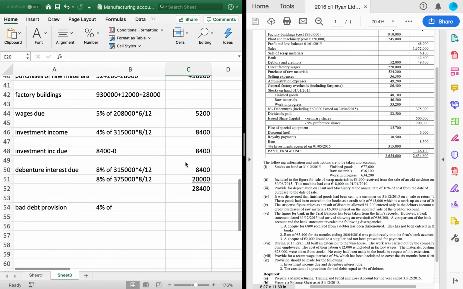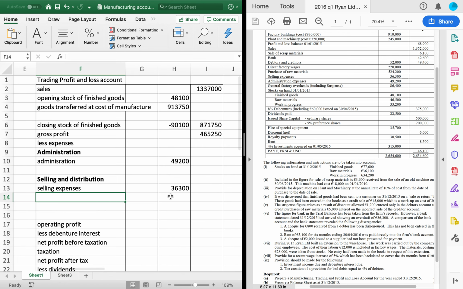So it's 4% of 37.8. Which is 152, which will also be our increase because there's no bad debt provision there. It's the creation of a bad debt provision, so the increase in itself just goes in. So that's 1512.